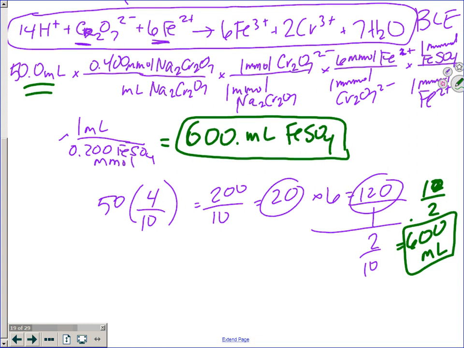How different? Half, right? If the molarity were exactly the same as 0.4, I would need exactly 6 times as much, so I would need 300 milliliters. But because the molarity of the iron sample is half of that, I require 600, because I need double the amount to react with the dichromate species. So that should make sense logistically, mathematically, and conceptually.